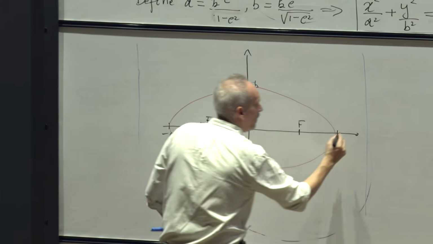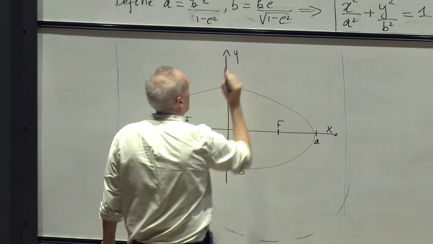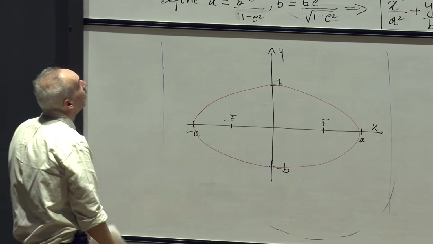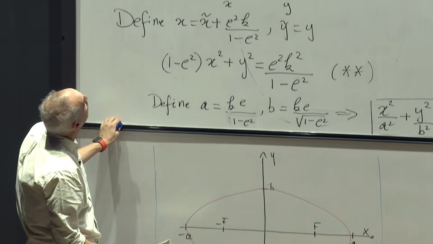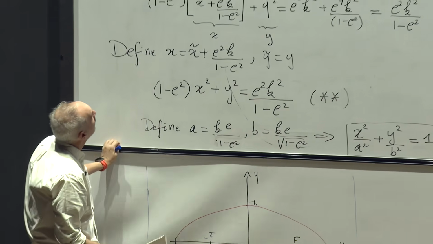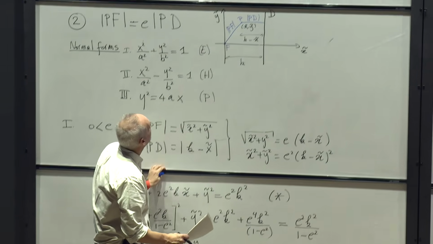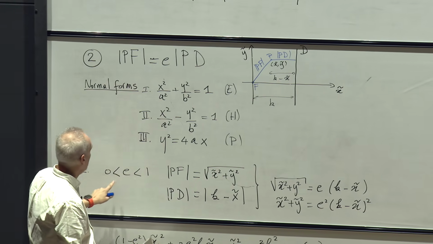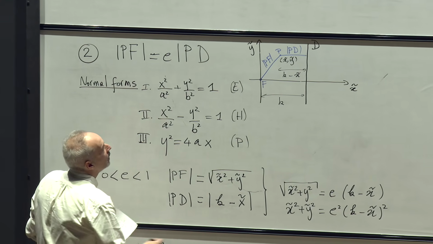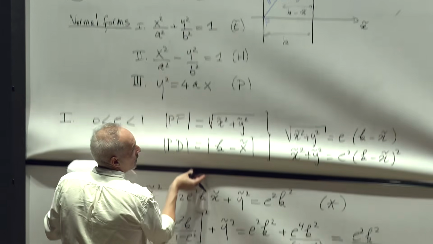And this is with respect to x and y. Okay, so the conclusion of number 1 is that the set of points that satisfy this identity here, when e is between 0 and 1, is an ellipse.